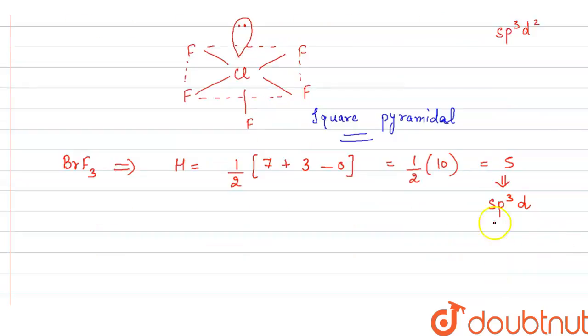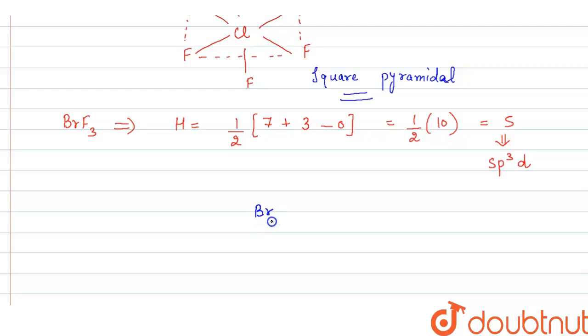Now according to sp3d, the geometry should be trigonal bipyramidal. So here we have bromine, right? According to geometry, we have only 3 fluorine atoms. It means 2 will be lone pairs. So its structure will be like this: F, F, and here we get F, and here there will be 2 lone pairs.